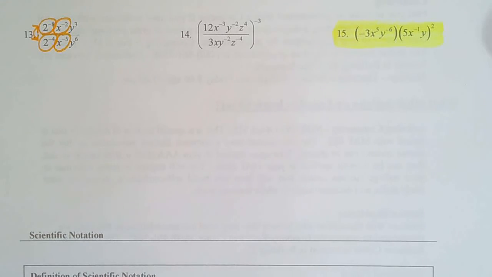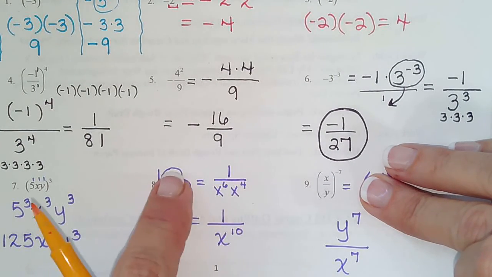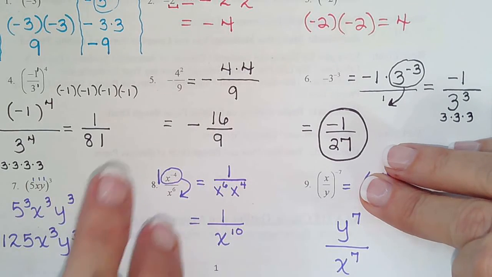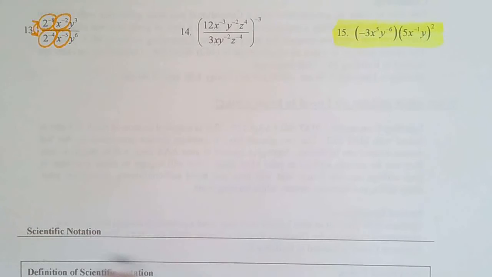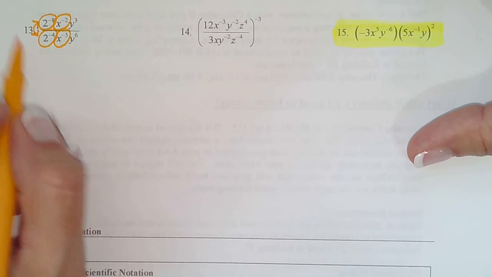So sometimes we just move one, like here. On number 8, we just move 1 because there was only one that was negative. But if they're both negative, then you can flip-flop them. So the 2 to the 8th needs to move down. The 2 to the 4th needs to move up.